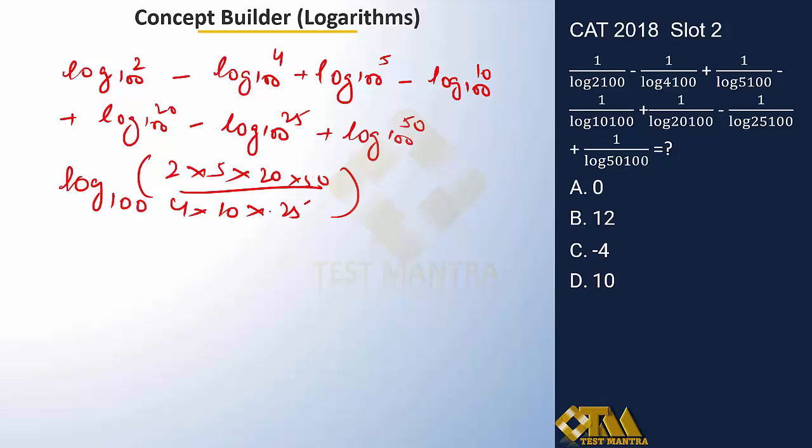Right, so let's try to calculate this part. 2 times, correct. So it's log 10 to the base 100. Right, so if it's log 10 to the base 100, this option is 1 by 2, not 12. So that will be equal to 1 by 2. My value is supposed to be 1 by 2 here.